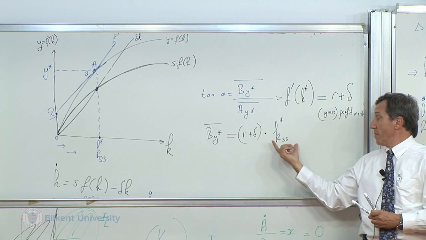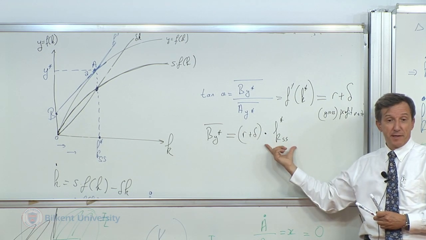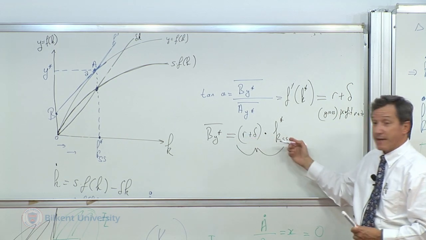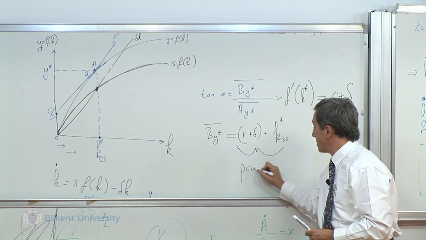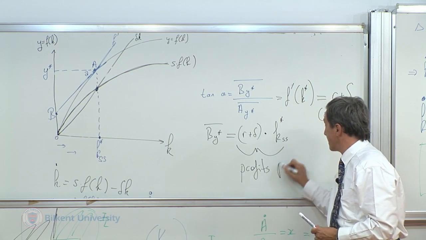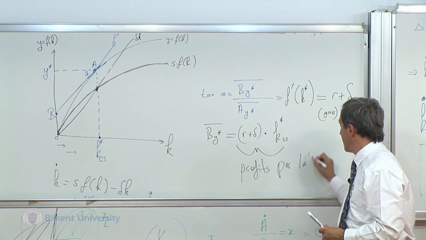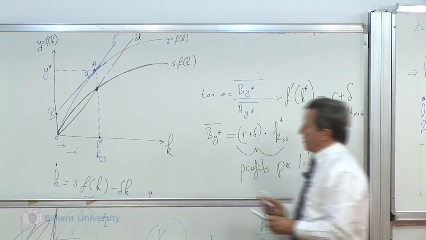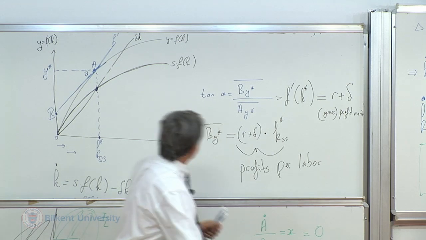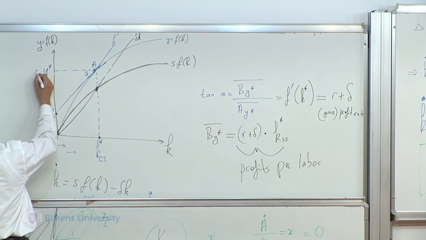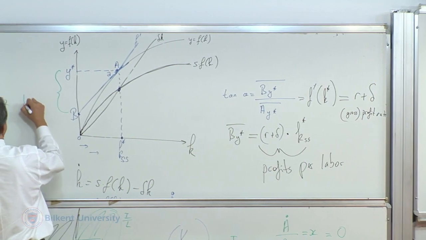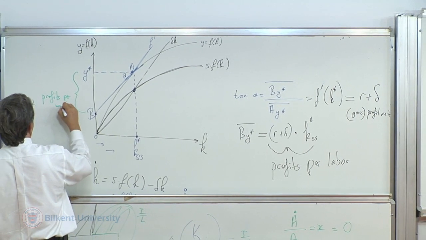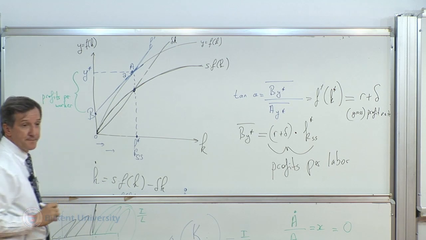Profit rate per capital times capital. So this whole sum, profit rate times capital, is total profits per labor.